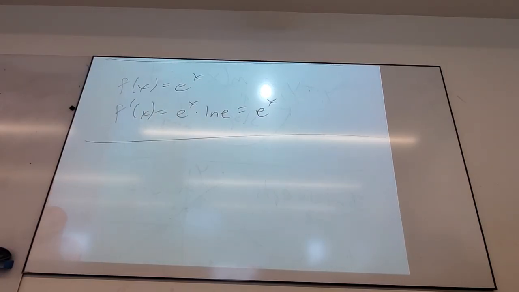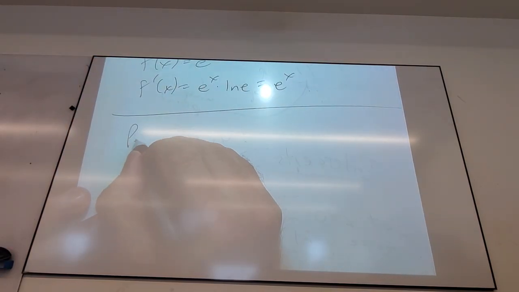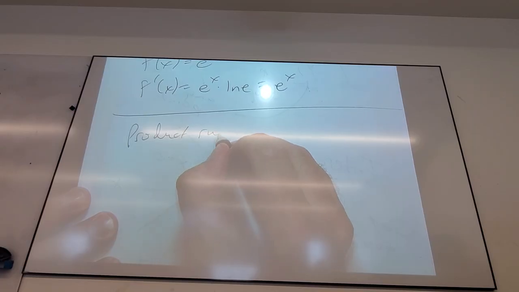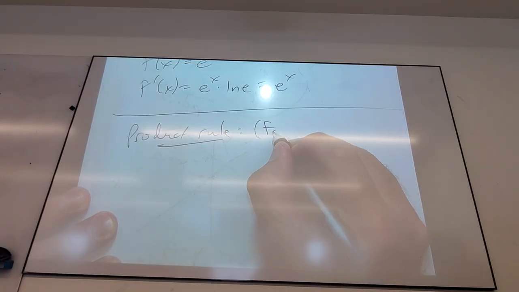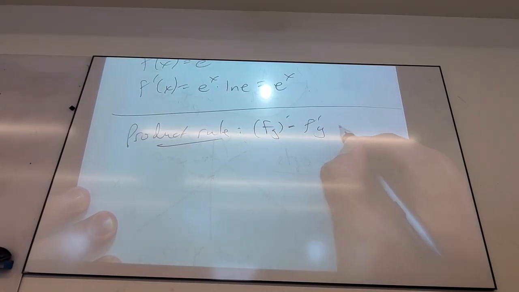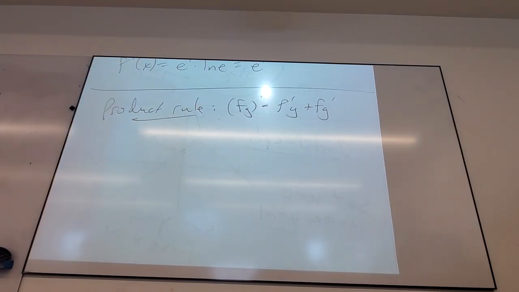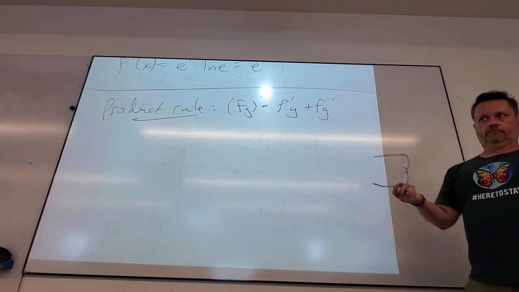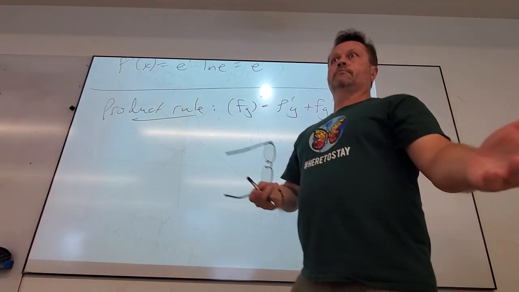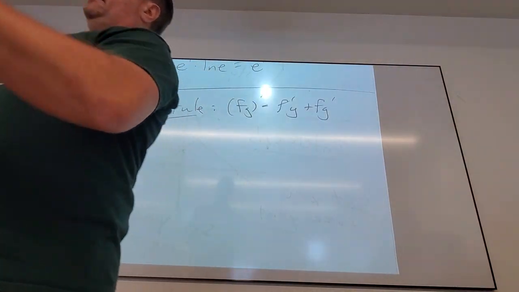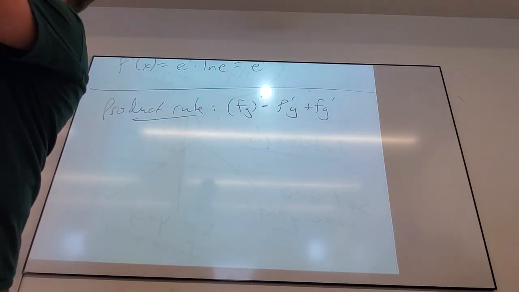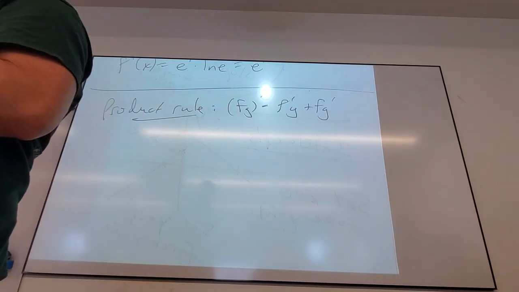So, now that we have product rule, and if I want to write it really quick, it would be like this, so I don't have to write the of x, right? (fg)' is f'g plus fg'. You with me? That's not a great way to write it if you're trying to explain the full thing, but it's a quick little reference.